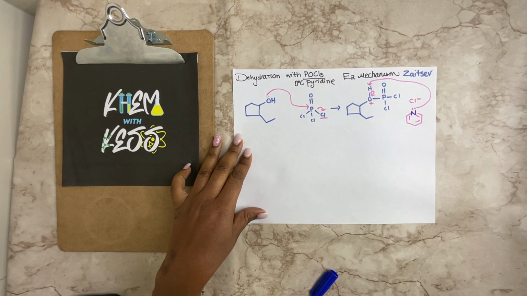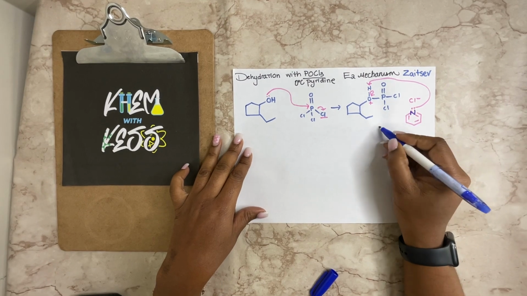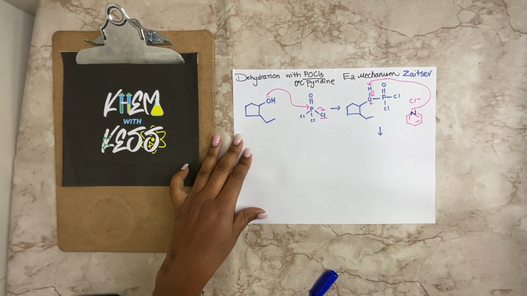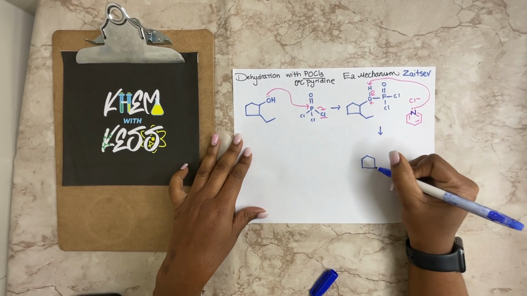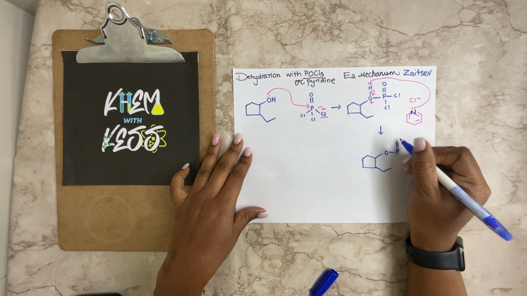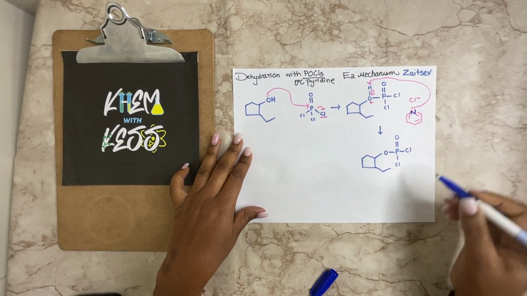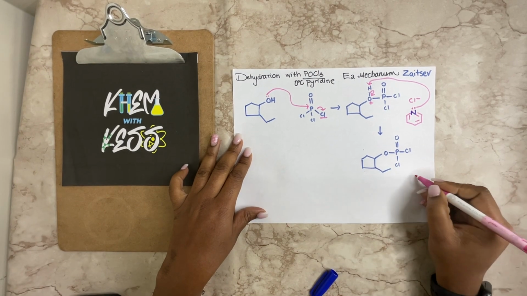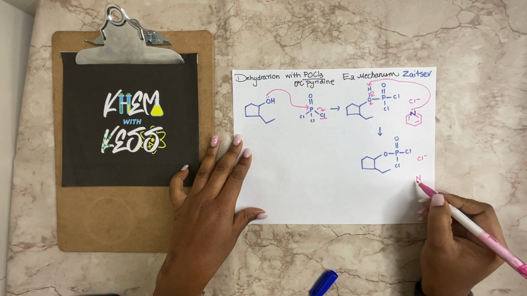So when we make something into a good leaving group, we don't want it to be unstable in most of the cases. And later on, as we go and do different mechanisms, you'll start to recognize this exact same pattern. So there's your oxygen, the same group. And now your pyridine, you still have the Cl minus, that's just lingering right now.